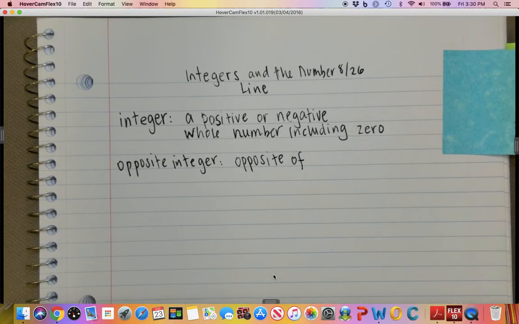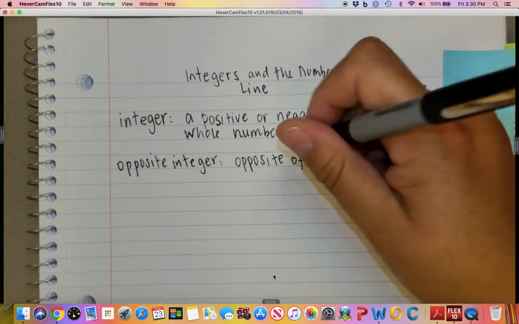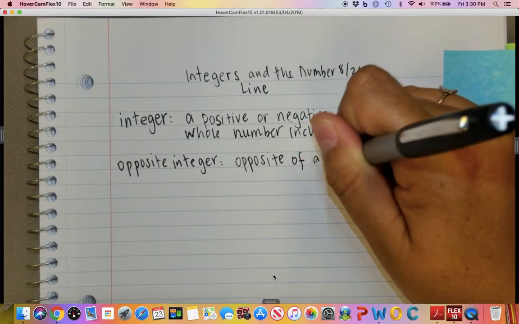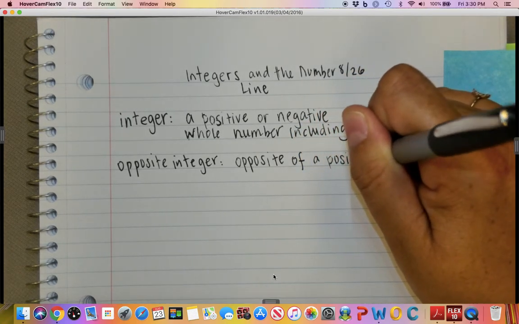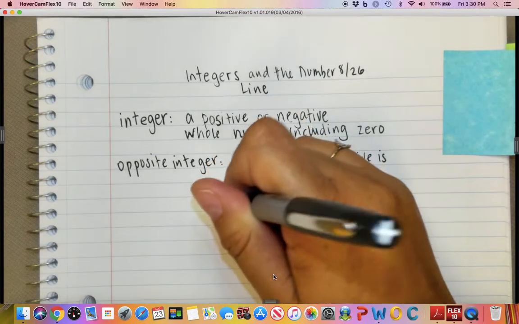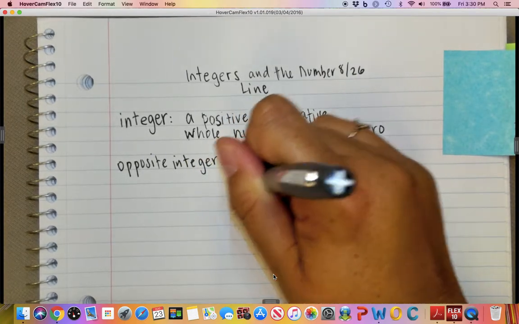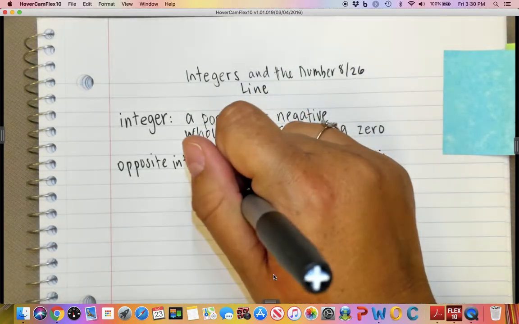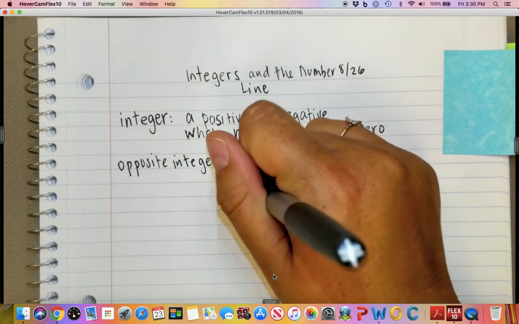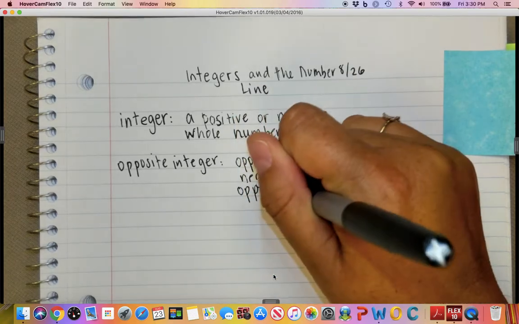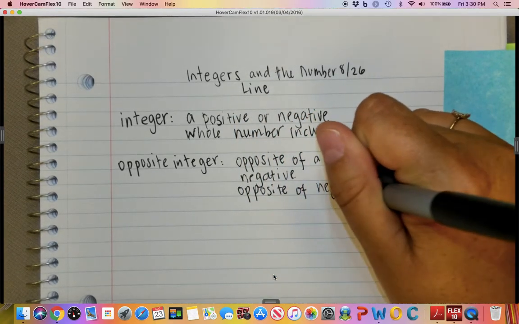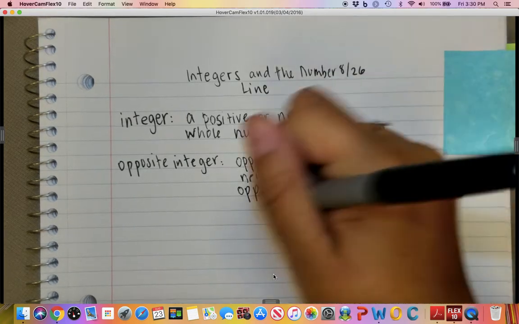And I'm going to show you an example in just a minute. So let's get this down first. Opposite of a positive is negative. Opposite of negative is positive.